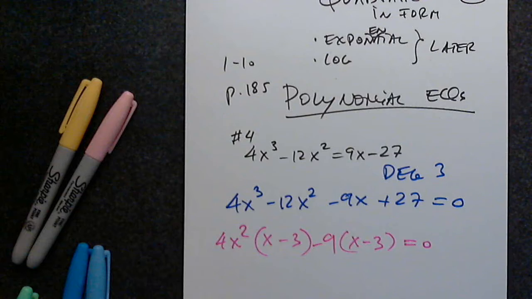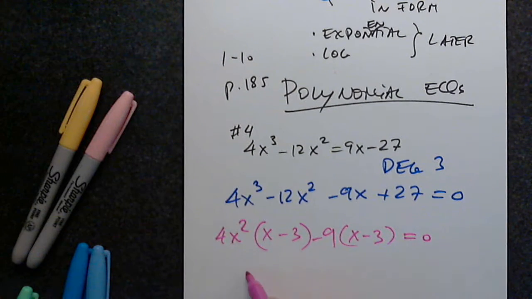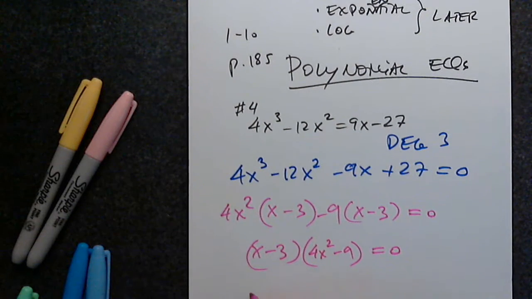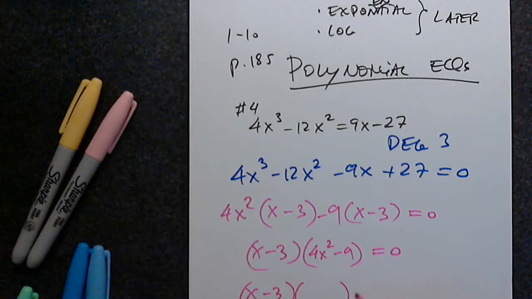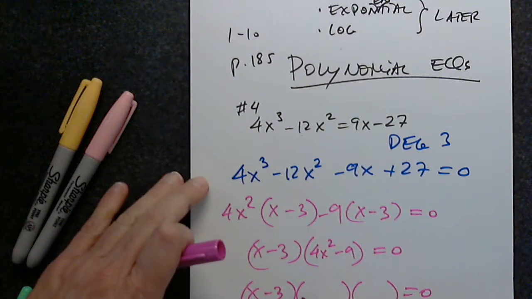Excellent. What is the common factor that gets pulled out now? X minus 3. Indeed. And what is left in parentheses? 4x squared minus 9. How do I factor 4x squared minus 9? You see why I went to the factoring supplement first. 2x minus 3 and 2x plus 3. Awesome.